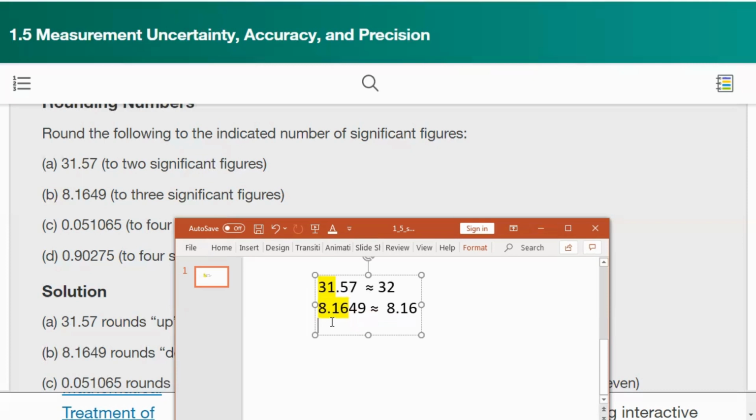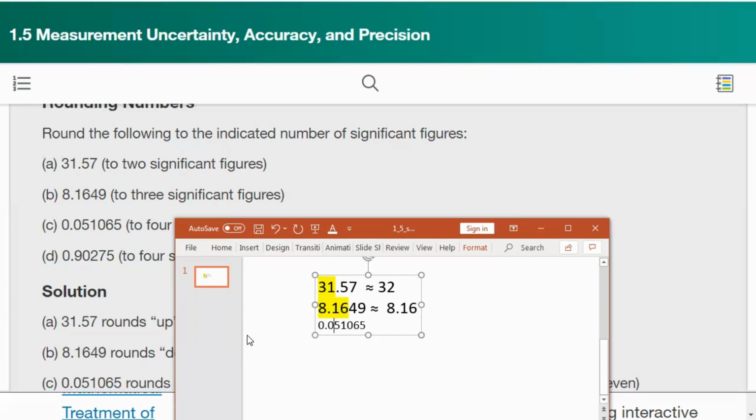Okay, let's look at the next number. 0.051065. So 0 is the number to the left of the decimal point, and there are no non-zero numbers to the left of the decimal point.